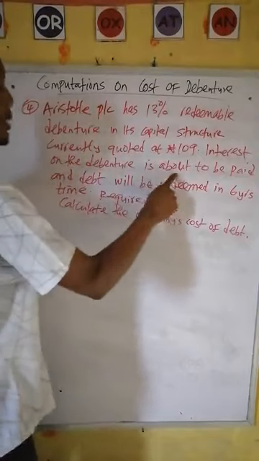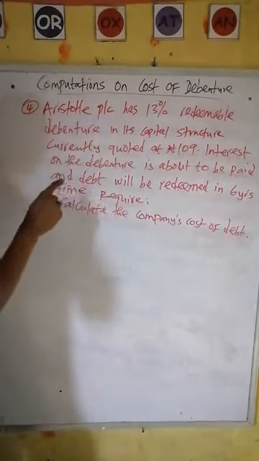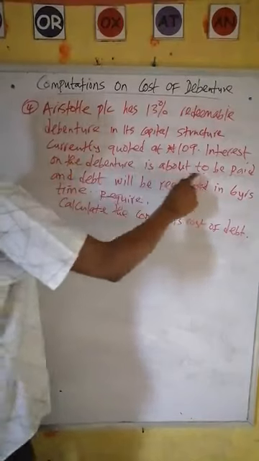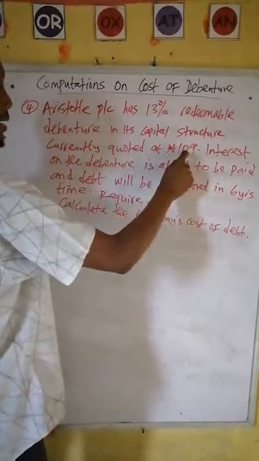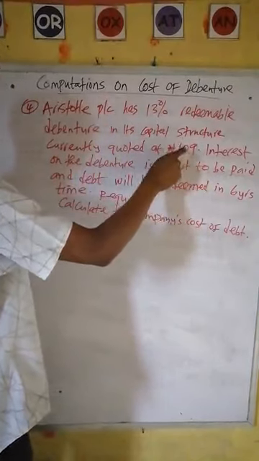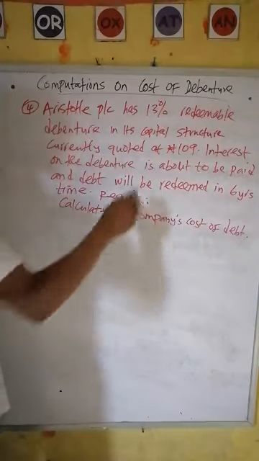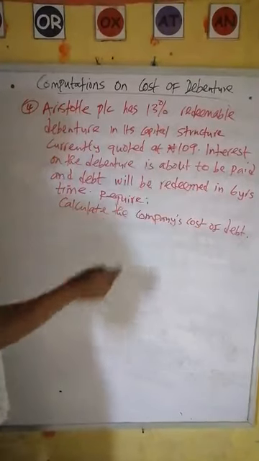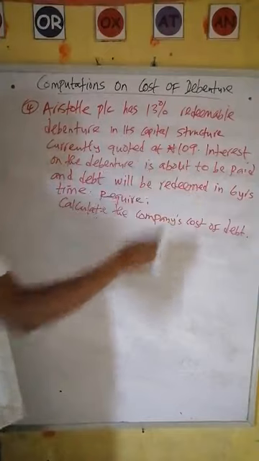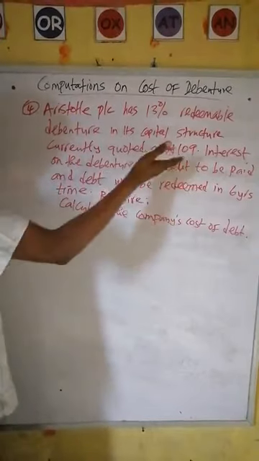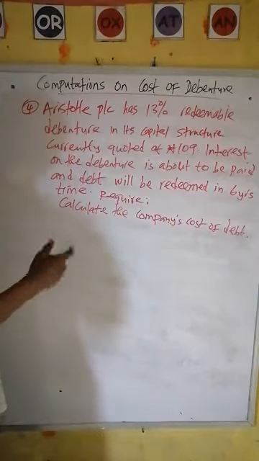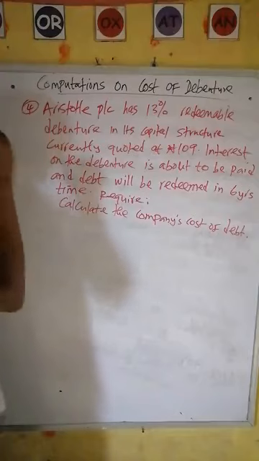Interest on the debenture is about to be paid, so this price is a cum-interest price. There's an element of interest in this price, so we need to adjust the price to become ex-interest, because it's the ex-interest price we need to use.